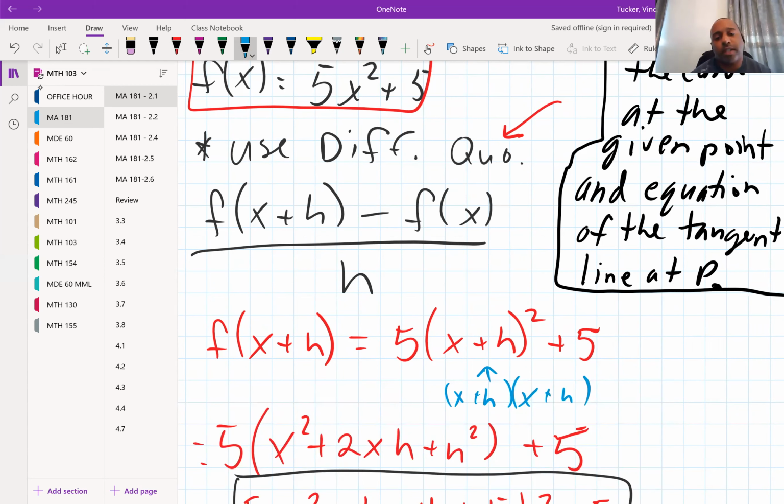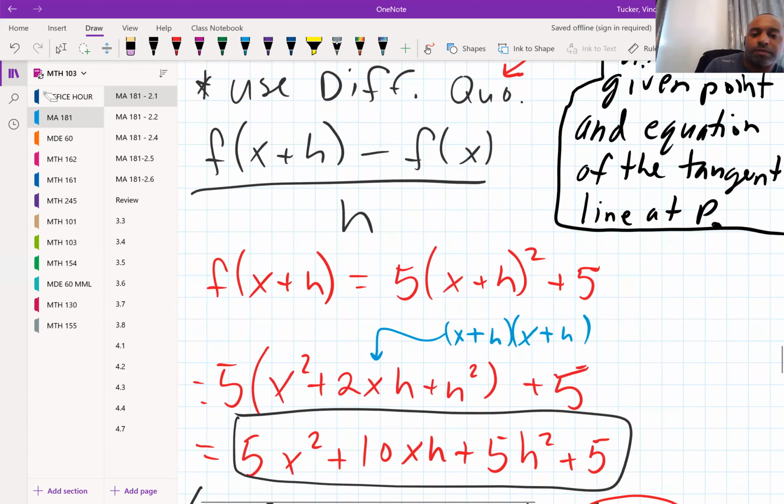So x plus h squared is x plus h times x plus h. So if you were to expand that out, that actually will give you x squared plus 2xh plus h squared.